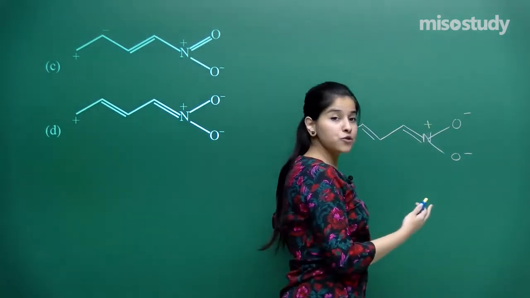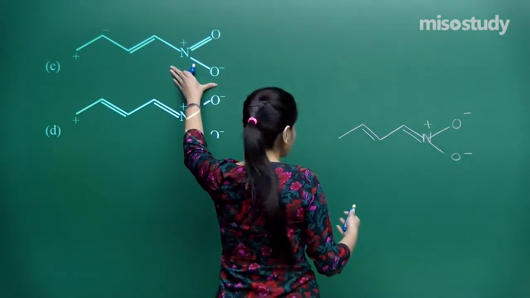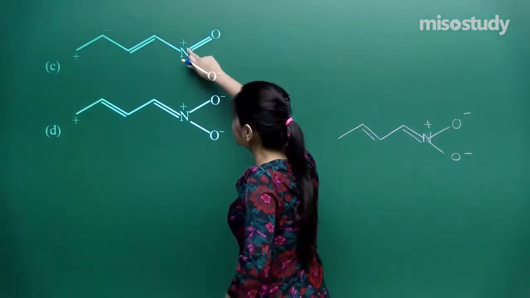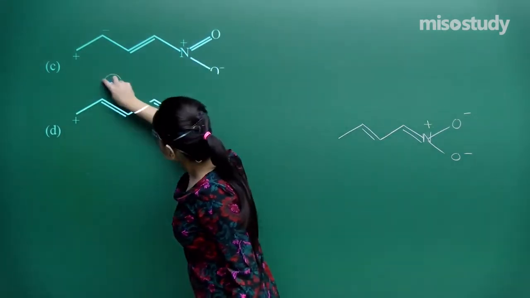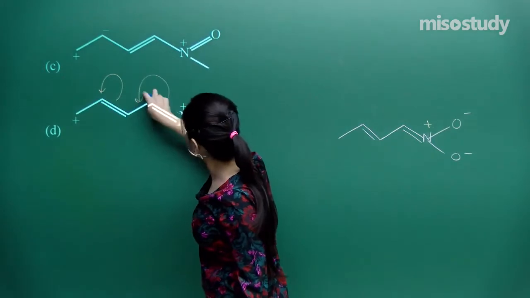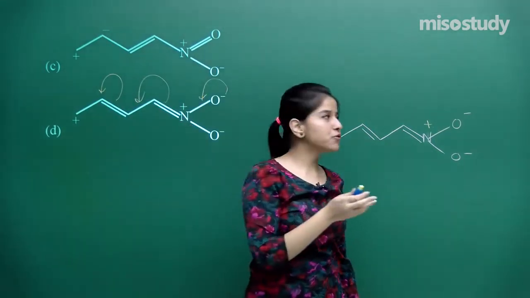That is how we are going to make it. And now I want to convert this very structure into the C. Can I do that? Yes. I can displace these electrons, and again displace these electrons, again displace these electrons. That is what we need to do here.